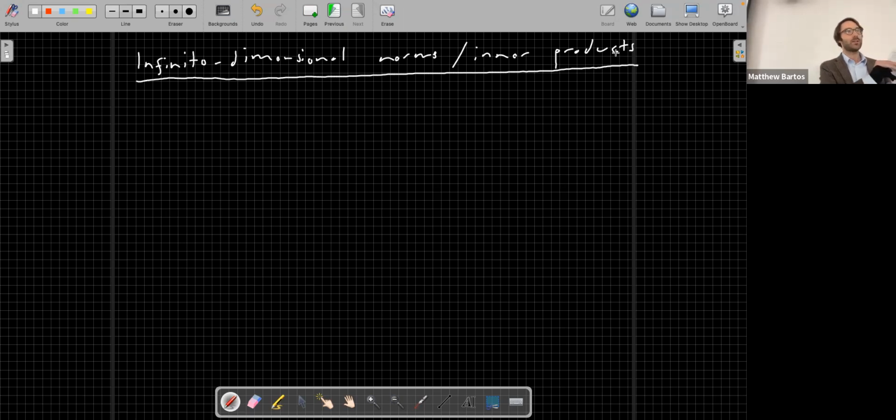What that implies is that we can also have infinite dimensional norms, and these you will actually see later on when we get to our discussion of controllability and observability. But for the case of norms, first, let V be an infinite dimensional vector space.